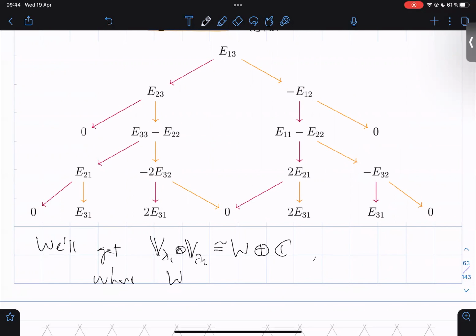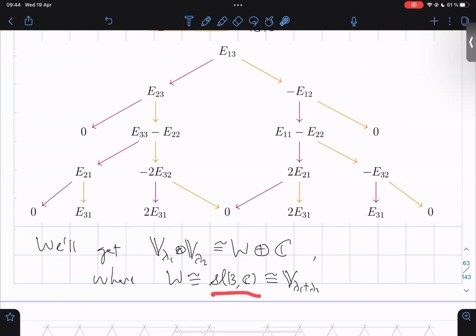where this W is a copy of SL3C itself, as a representation of SL3. So this is our copy of this lambda 1 plus lambda 2 representation. What is a representative complement here?